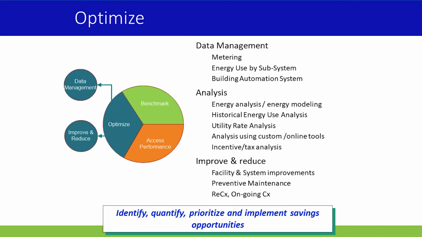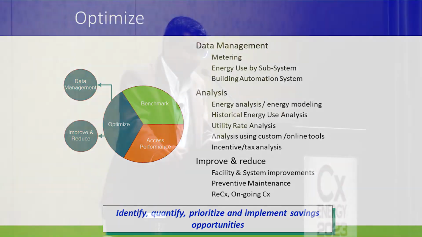Having done all of this, we can now get to the next level of detail. If necessary, and if possible, and if you have the skills, you can go into energy modeling, which will give you either a whole building model or a model of a specific measure, to see the interaction between several different factors.